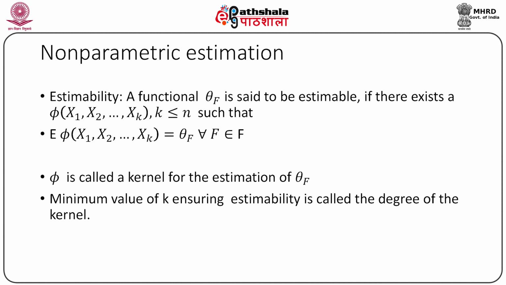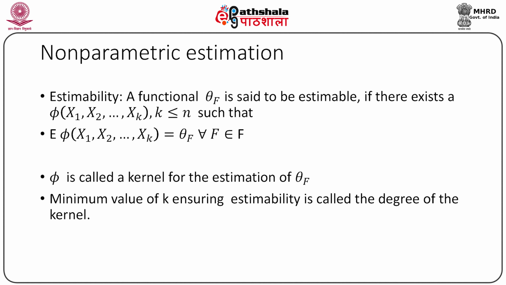Then theta(F) is said to be estimable if there exists a function phi of k elements, that is, a function of x1, x2, ..., xk, where k is strictly less than n, such that the expected value of phi under F is theta(F) for every choice of distribution from the class, then theta is said to be estimable.